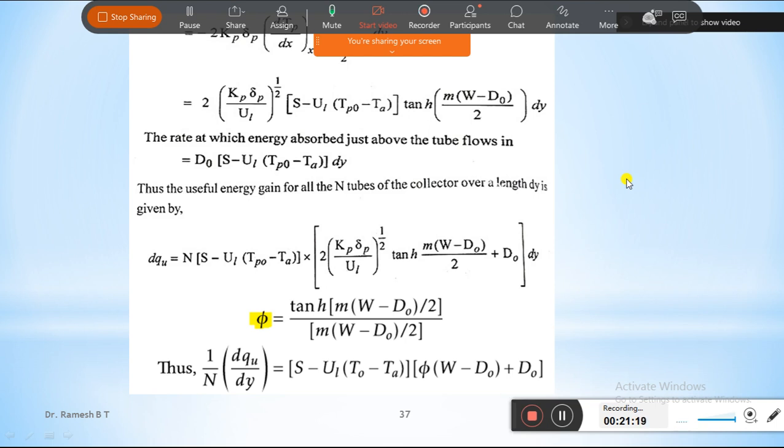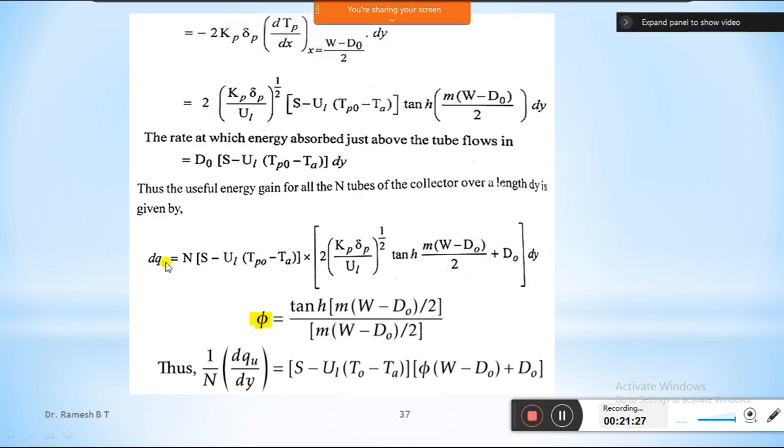For that the collector overall length is dy, and the energy loss, dQu, the overall heat loss for n number of tubes, is given by n into S minus UL divided by (Tp0 minus Ta) into the whole bracket 2 kp0 by UL root tanh(mW minus dA0 by 2) plus dA0 into dy.